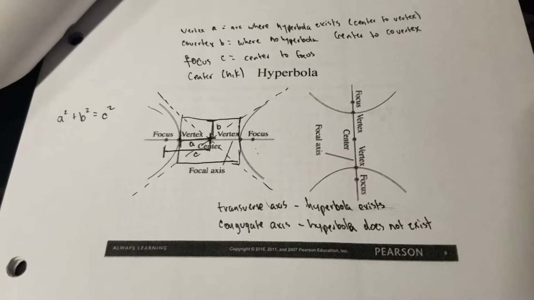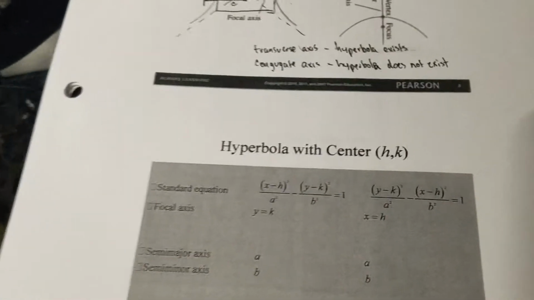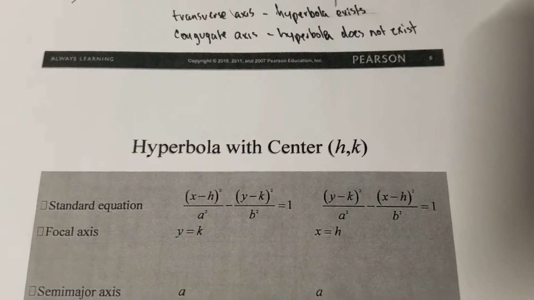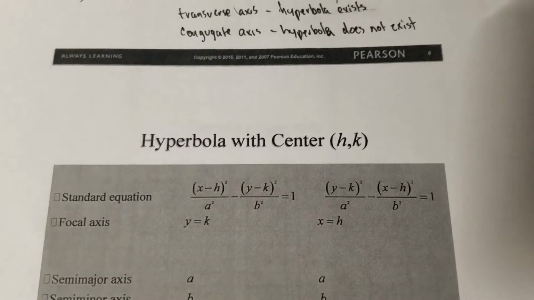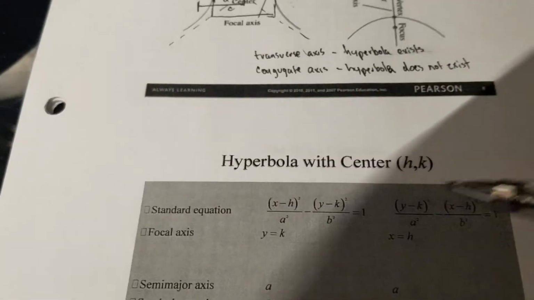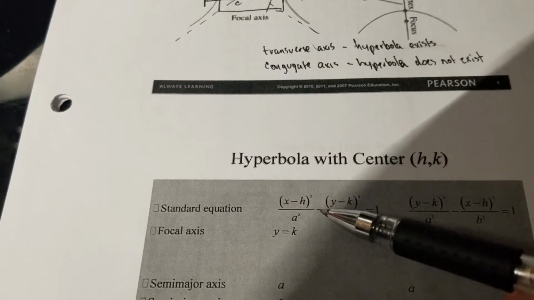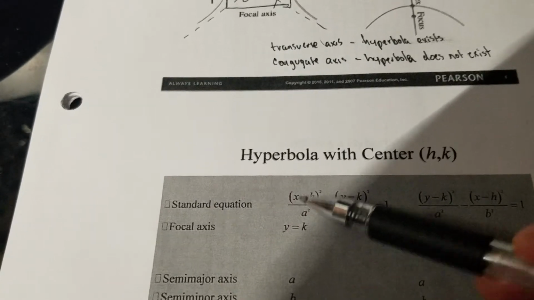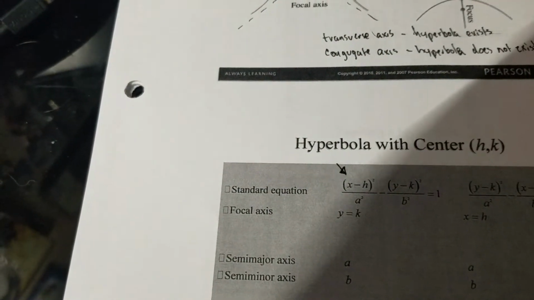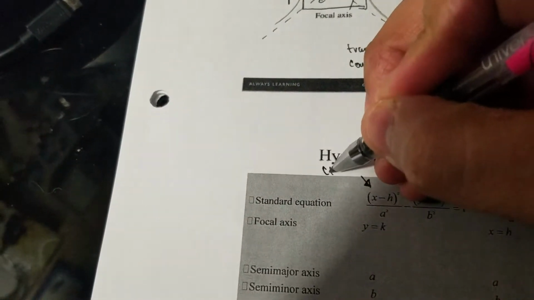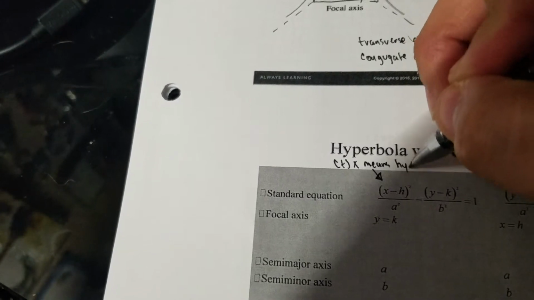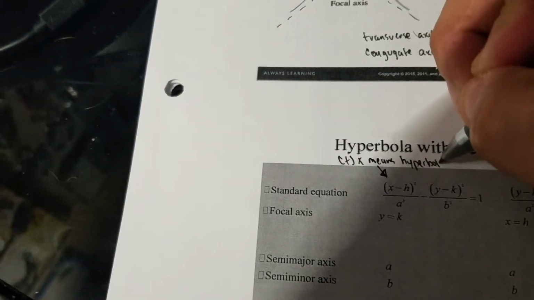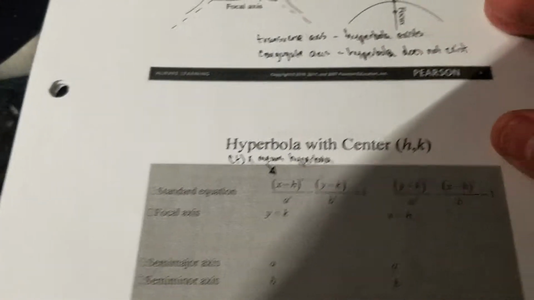That may change. So the basic equation here is again x minus h, y minus k, but a hyperbola does have a negative sign. When I see that the x is positive, that means the hyperbola is open in the x direction, left and right.